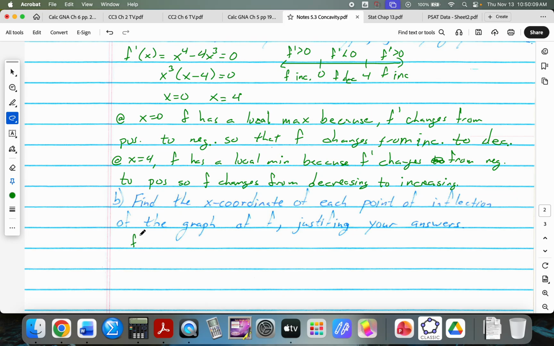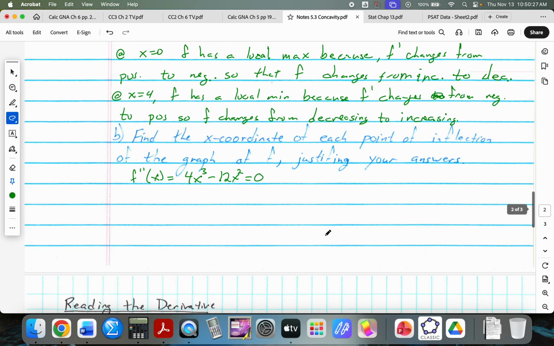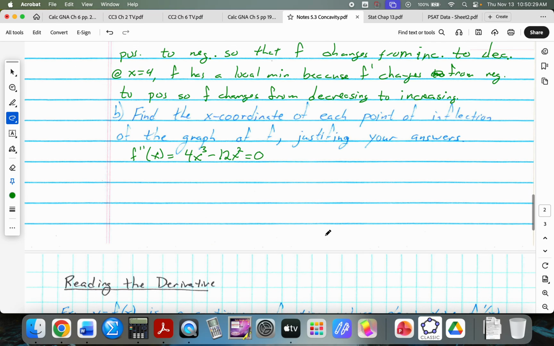So I'll take the second derivative, f double prime of x, which will be equal to 4x cubed minus 12x squared, and find where that's equal to 0. I can factor a 4x squared out of both of those. So x equals 0 and x equals 3.